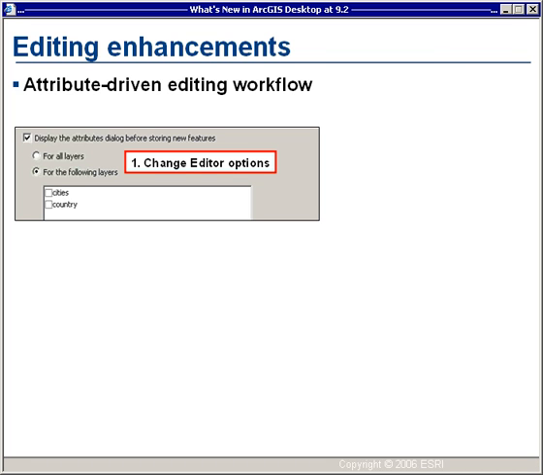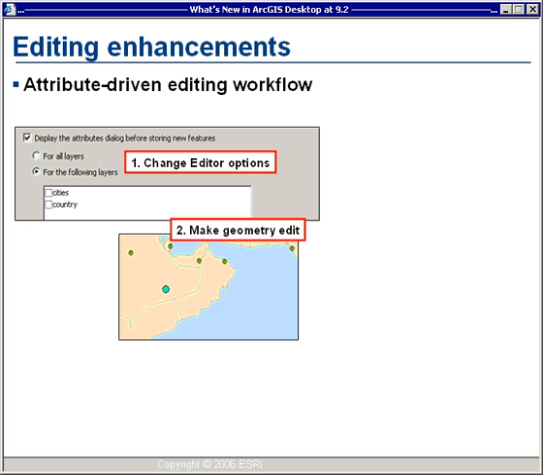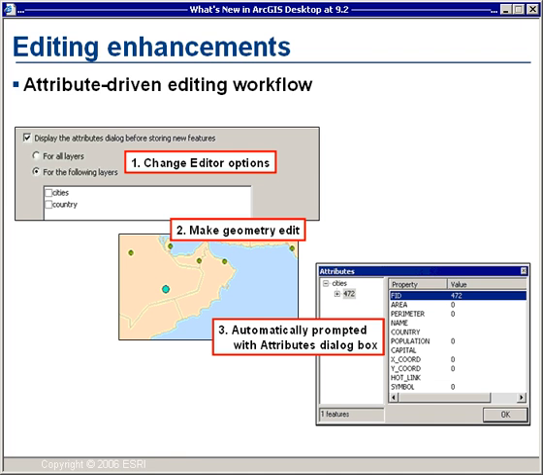So when I add a new feature, or make a geometry edit, the attributes dialog will automatically pop up and prompt me to fill in the attributes for that new feature. And after I've said OK to this dialog, both the attributes and the geometry will be stored.